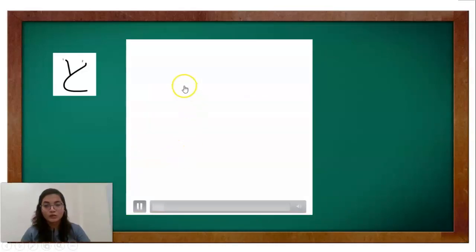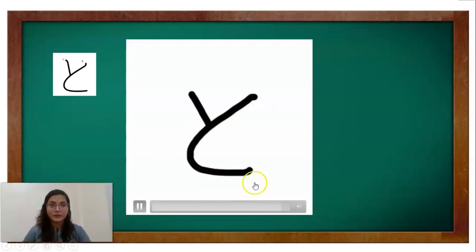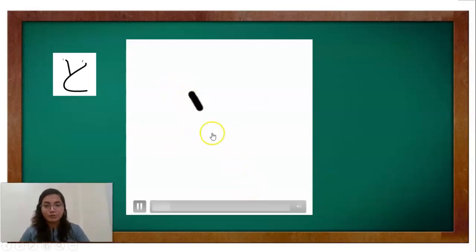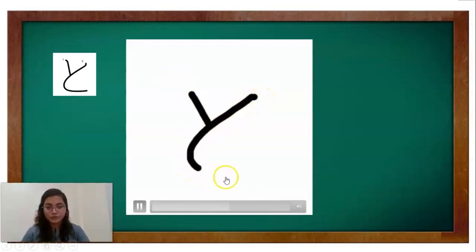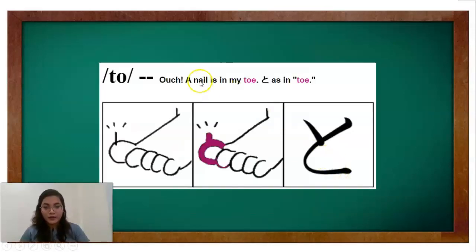Okay? Next up is to. 1, 2. Okay, let's try it again. 1, 2. Okay, and to remember this character, think that to as in toe.